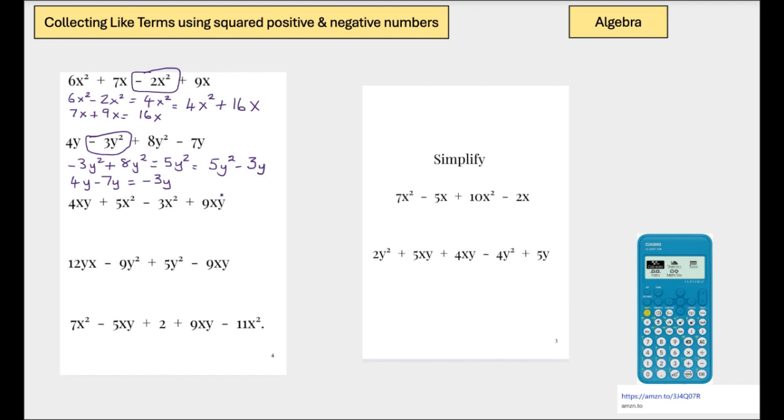There you go. You've collected the like terms and you've simplified it. This is simplifying it as well, yeah? Won't go too much into that because at this point, if you're watching this video, you would understand what simplifying is.